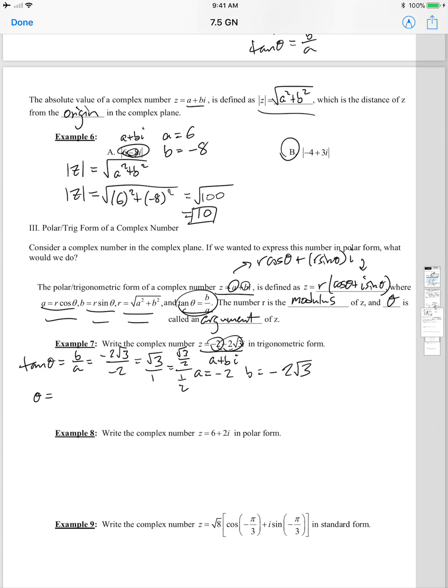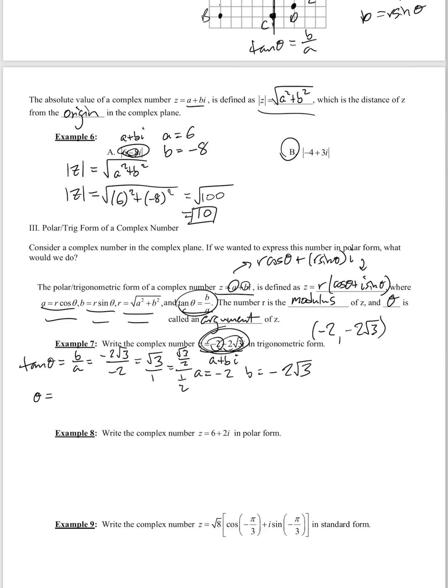That's going to be either pi over 3 or 4 pi over 3. But I can't have two different angles here. So the trick here, there's always a little trick, I'm sorry. The trick here is to look at the number we were given, negative 2 and negative 2 square root of 3.